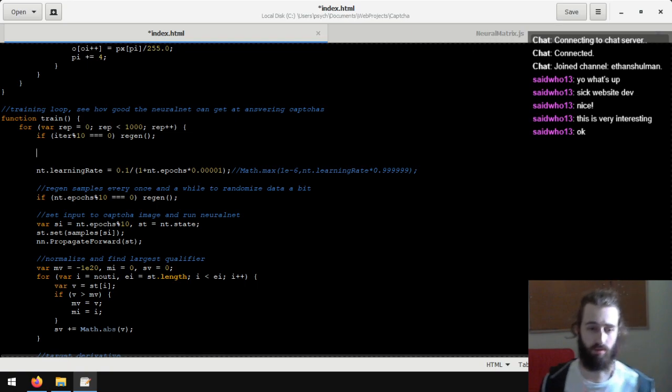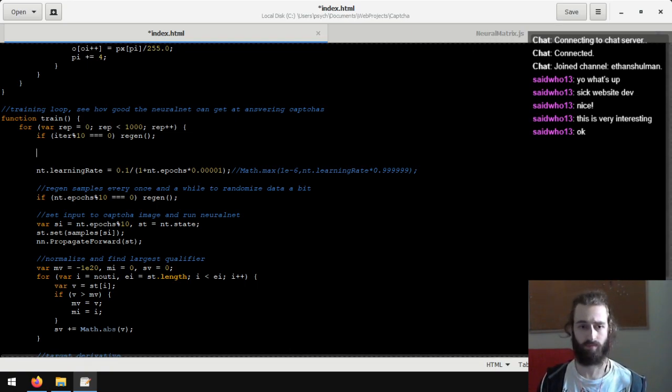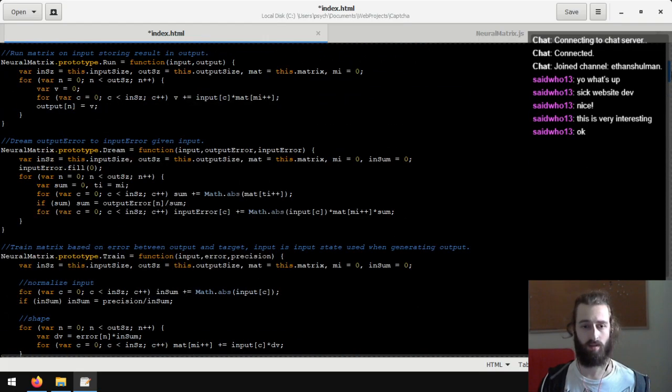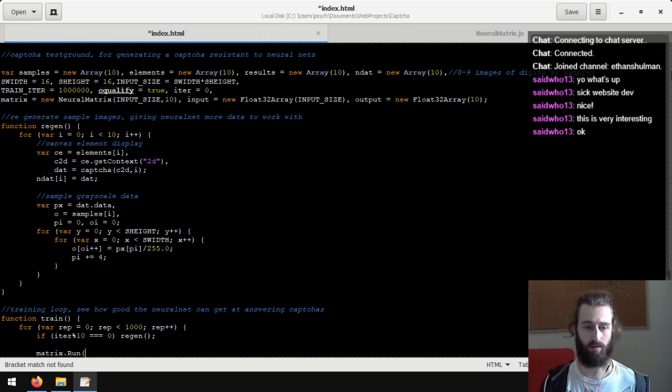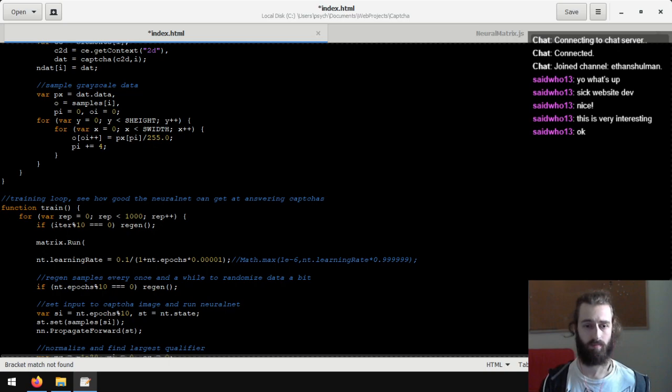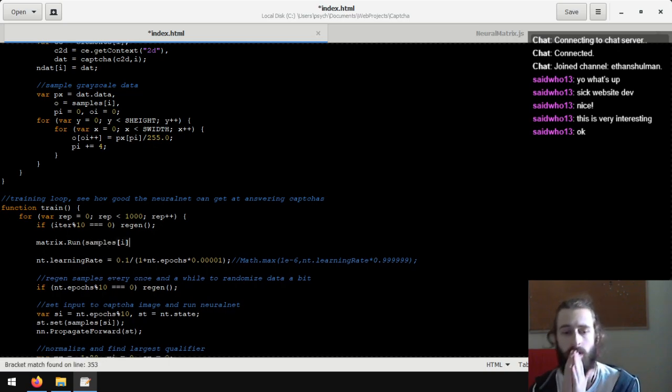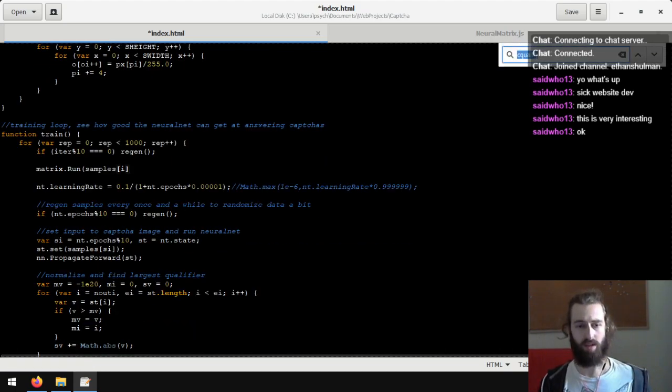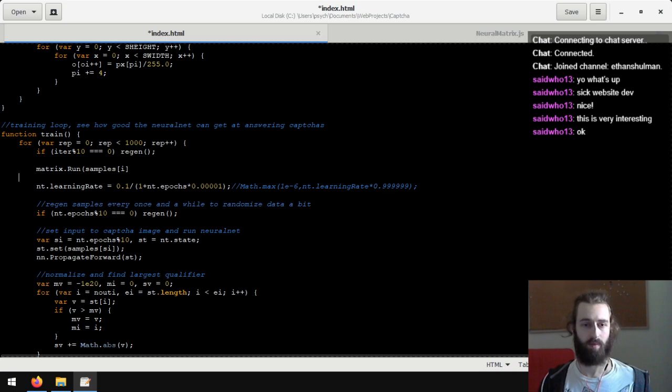So let's see, I do state.set samples. What I actually want to do here is matrix, is it run? Yeah, run samples. Wait, what variable is SI? Oh, epoxmod 10.